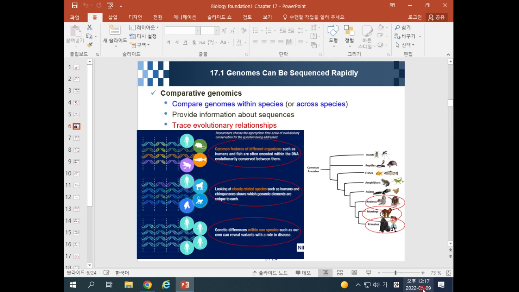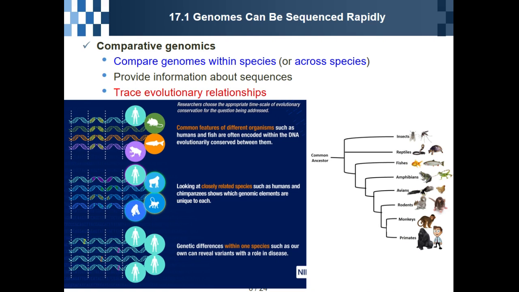Now we have lots of genomic data, so people make this field called comparative genomics. For example, comparing genomes within species or across species. This information provides information about sequence.